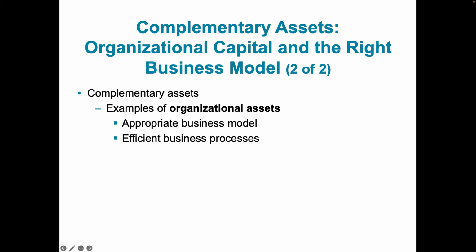Organizational assets. In the example she gave, they were already doing the same processes, but they felt that they needed to streamline those processes. So they invested in technology such that they can have what? Efficient business processes. Investing to ensure you have efficient business processes will also be investing in an organizational asset as an example of a complementary asset.